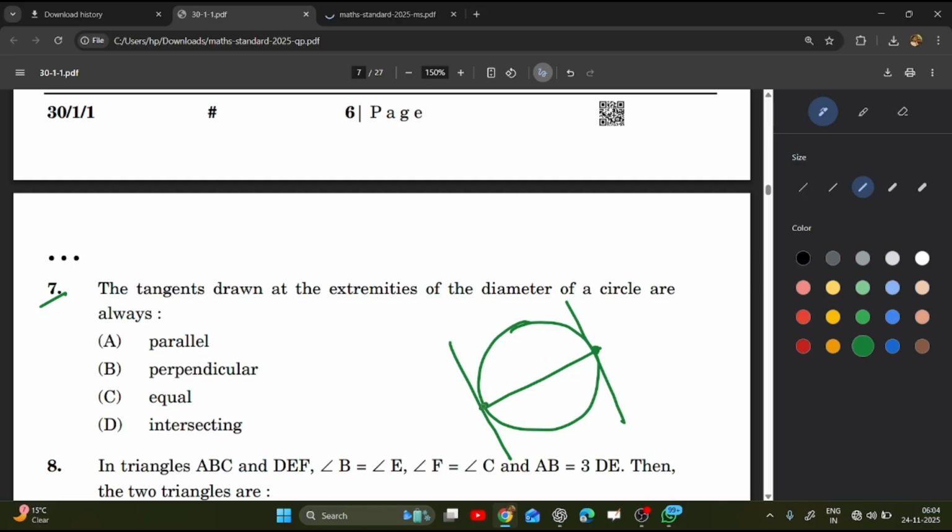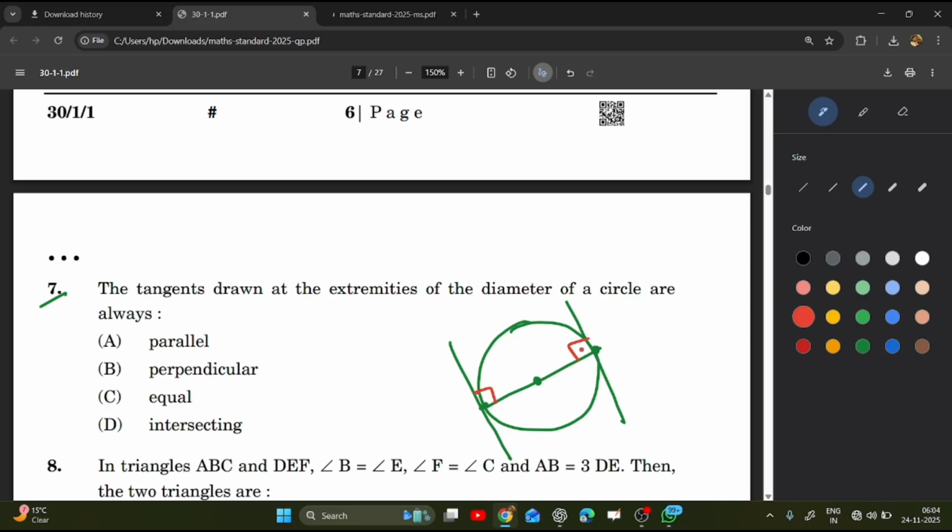How? This is the midpoint of your circle, and this is your radius and this is your tangent. These two are perpendicular to each other.